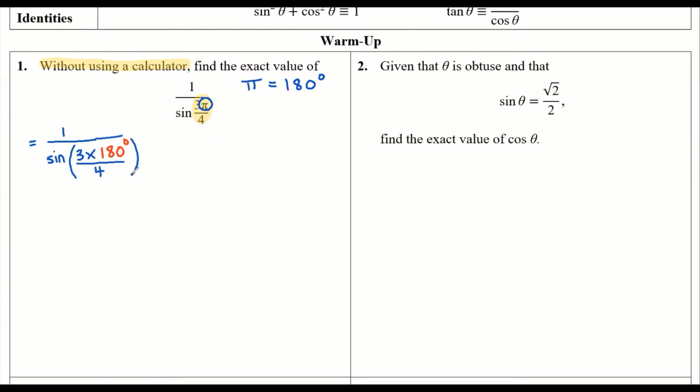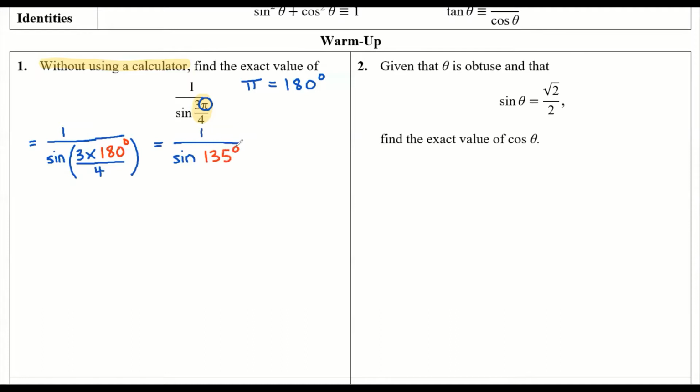And if you work out 3/4 of 180, which you can do in your head if your times tables are good, that's going to be the sine of 135 degrees.